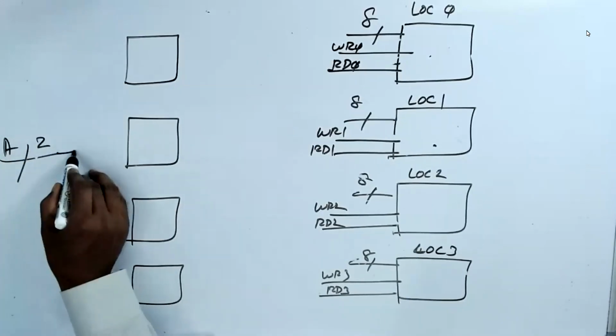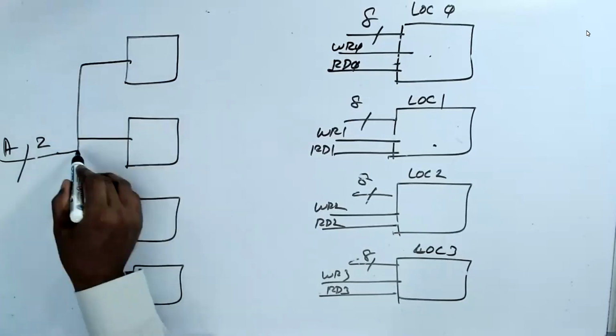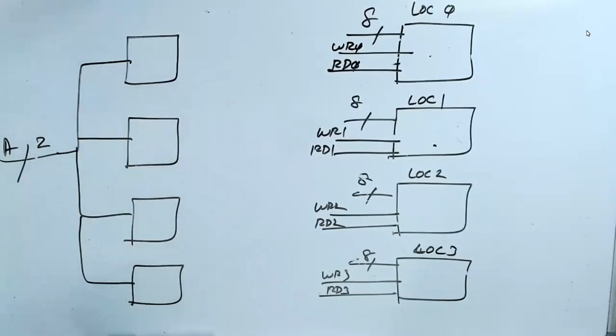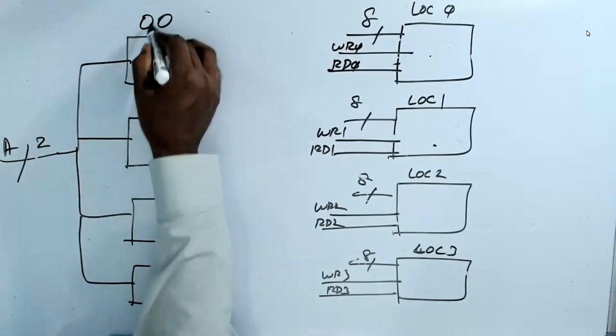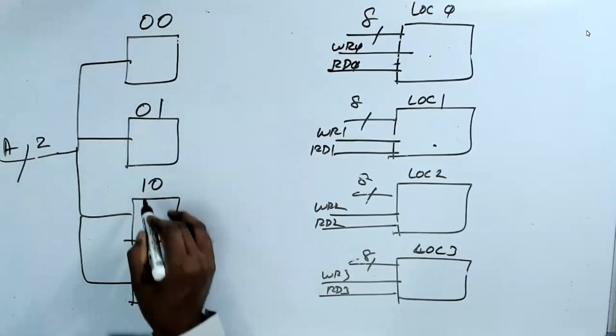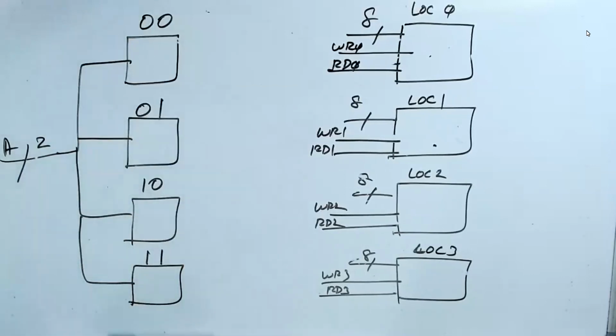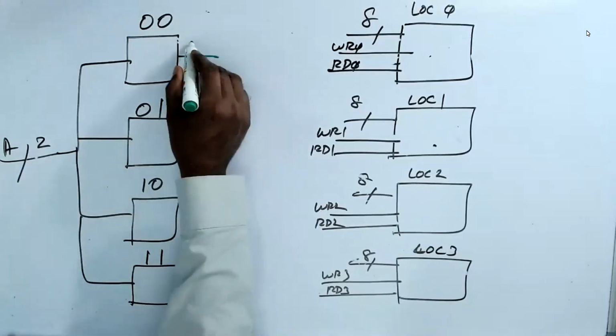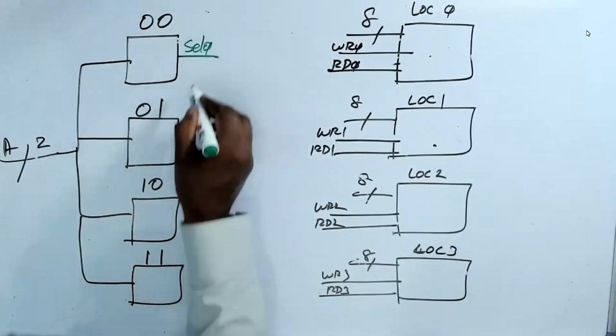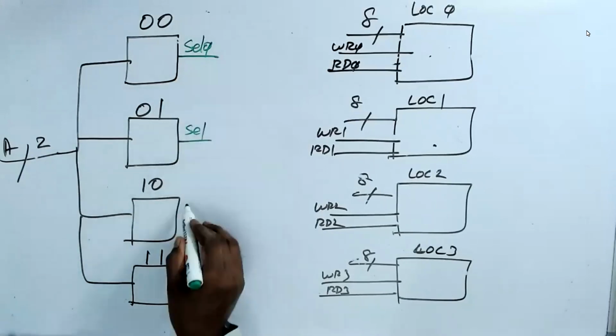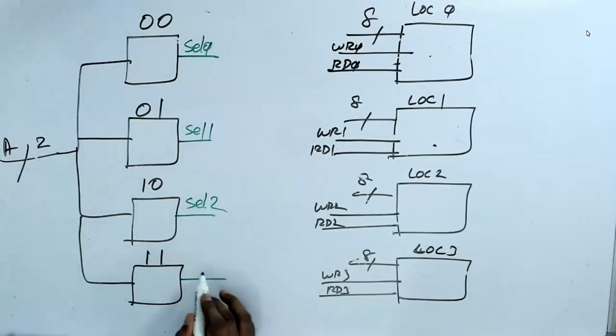Now, this is connected to all of them. Now, these are named 00, 01, 10, 11. Understand now? This one has an output signal called select 0, select 1, select 2, and select 3.